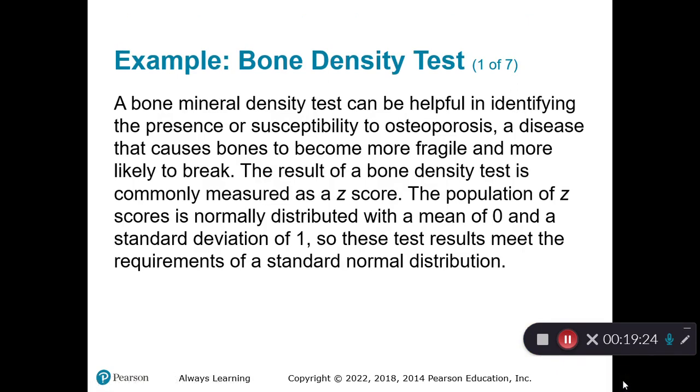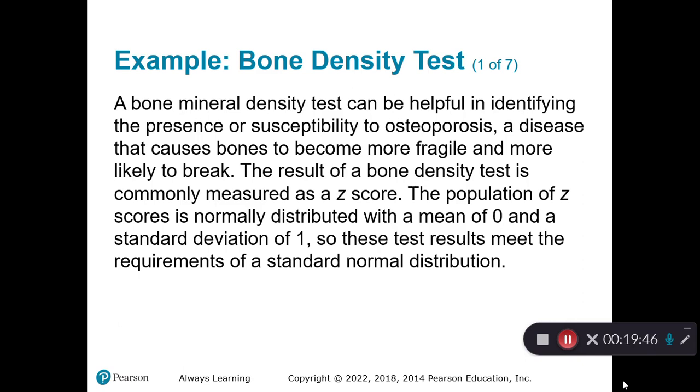Let's take a look at the example that will follow us throughout the next few slides. A bone mineral density test can be helpful in identifying the presence or susceptibility of osteoporosis, a disease that causes bones to become more fragile and more likely to break. The result of a bone density test is commonly measured as a z-score.